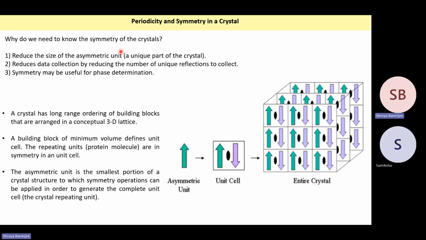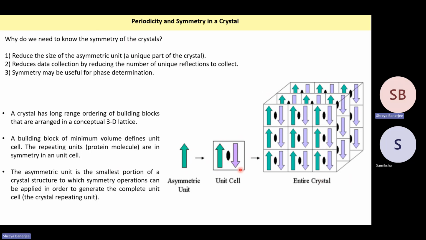And why it is necessary to know the symmetry of crystals is because if we know the symmetry of crystals, then it reduces the data collection by reducing the number of unique reflections to collect. So suppose you are trying to find the structure of a crystal, first we can determine what the unit cell or the symmetry of the crystal is, and then if we can determine the structure of a unit cell, then we can find out the structure of the entire crystal itself.